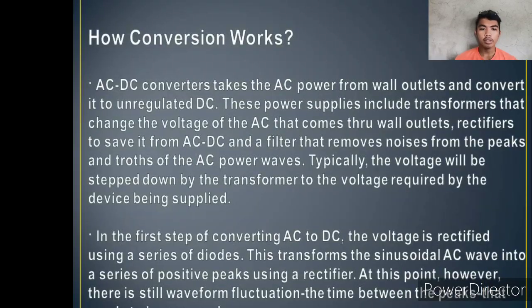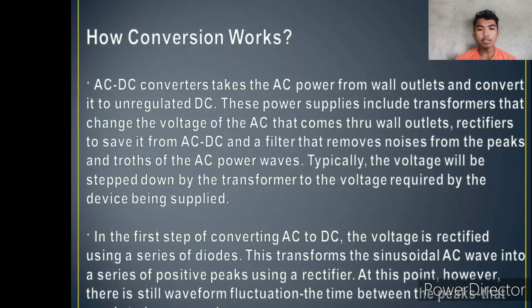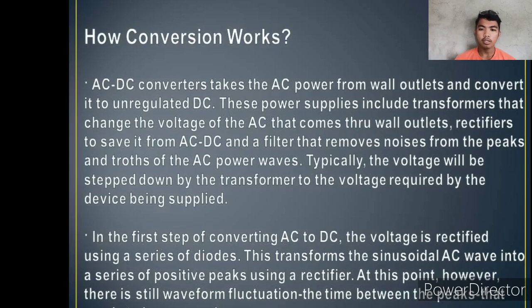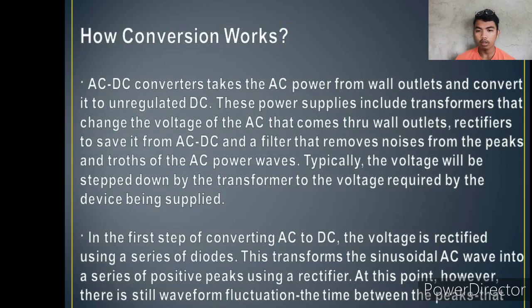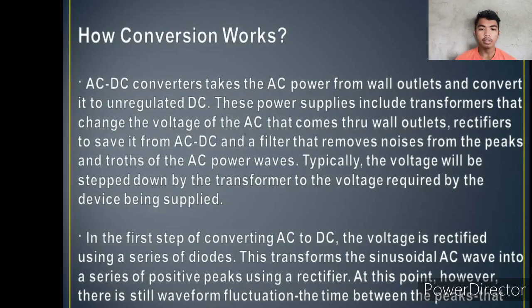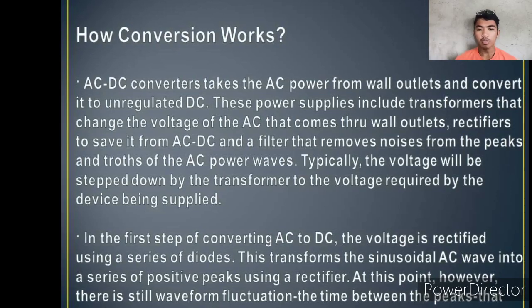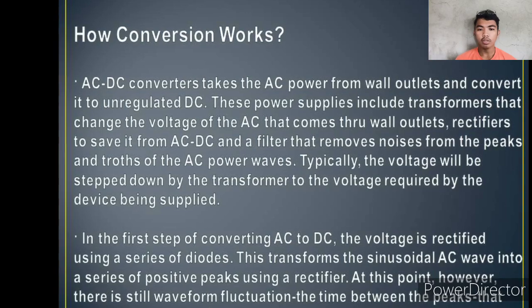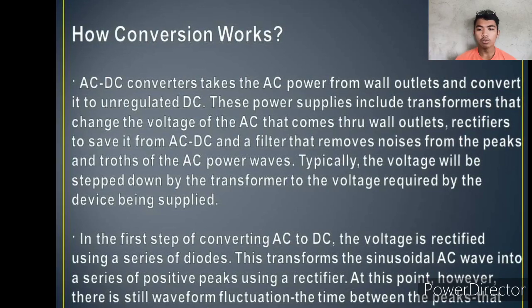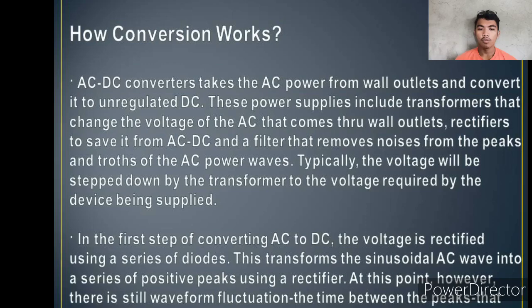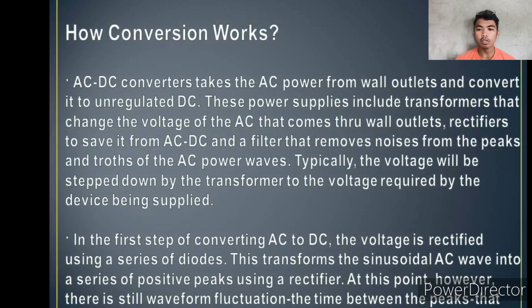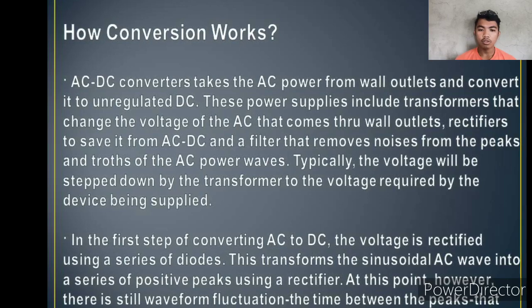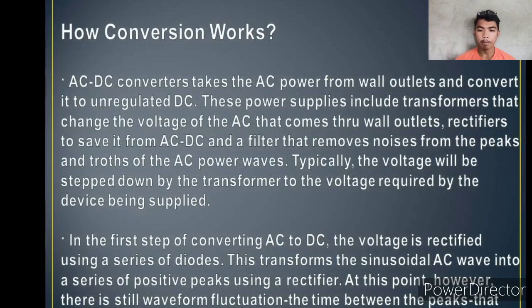So how does the conversion work? AC to DC converters take the AC power from a wall outlet and convert it to unregulated DC. This power supply includes transformers that change the voltage of the AC that comes through wall outlets, rectifiers to convert it from AC to DC, and a filter that removes noise from the peaks and troughs of the AC power waves.